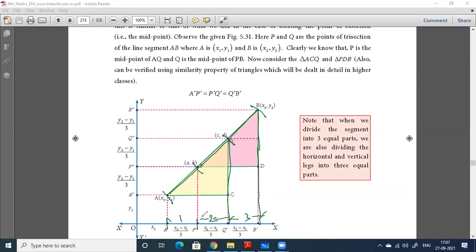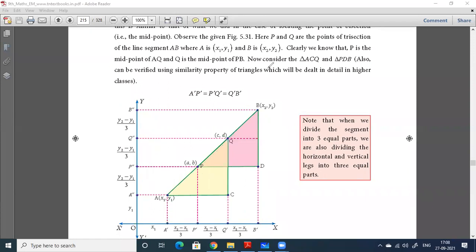This is equal to this. In the same way, this side also is divided into 3 equal segments. 1, 2, 3. So that is the magic of this division. So we understand that.